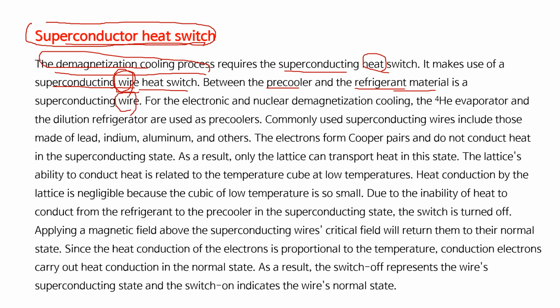For electronic and nuclear demagnetization cooling, the helium-4 evaporator and dilution refrigerator are used as pre-coolers respectively. Commonly used superconductor wires include those made of lead, indium, aluminum, and other alloys.